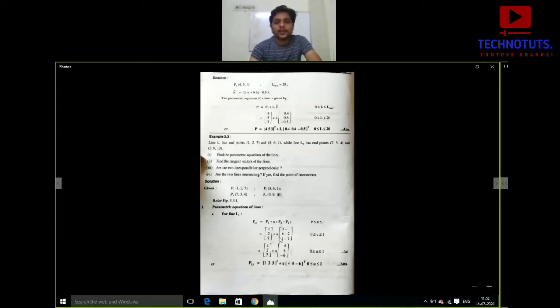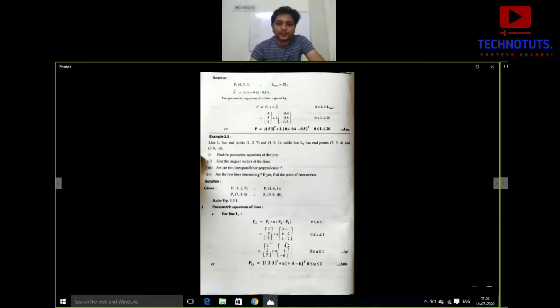Here point P1 has coordinates (1, 2, 7), written in matrix form as 1, 2, 7, plus U times (P2 minus P1). P2 is (5, 6, 1) and P1 is (1, 2, 7), so x2 minus x1 is 5 minus 1, y2 minus y1 is 6 minus 2, and z2 minus z1 is 1 minus 7.